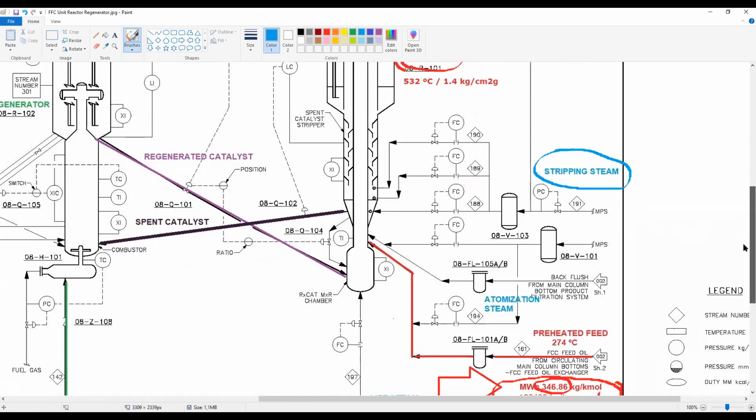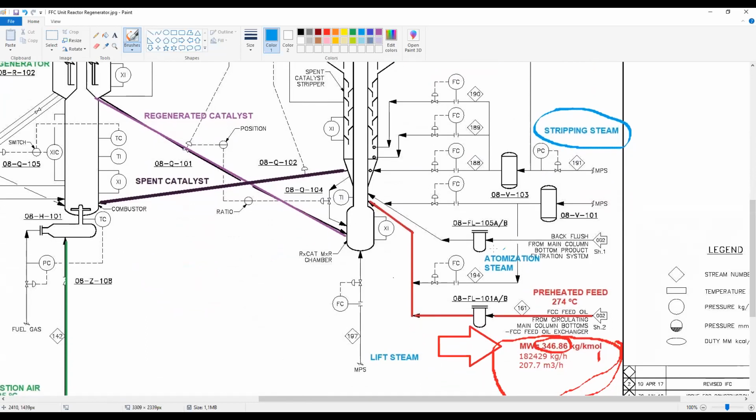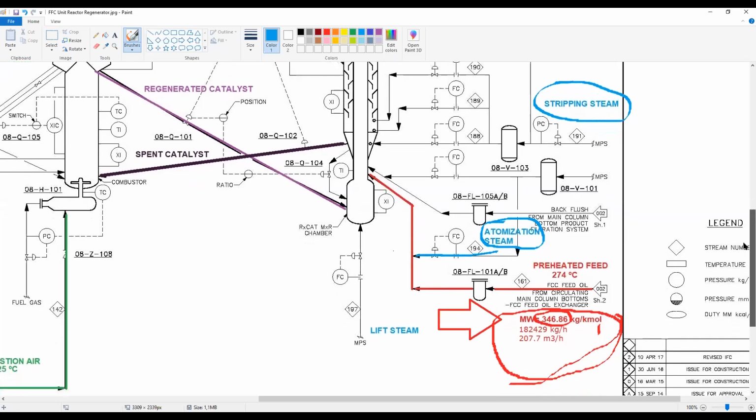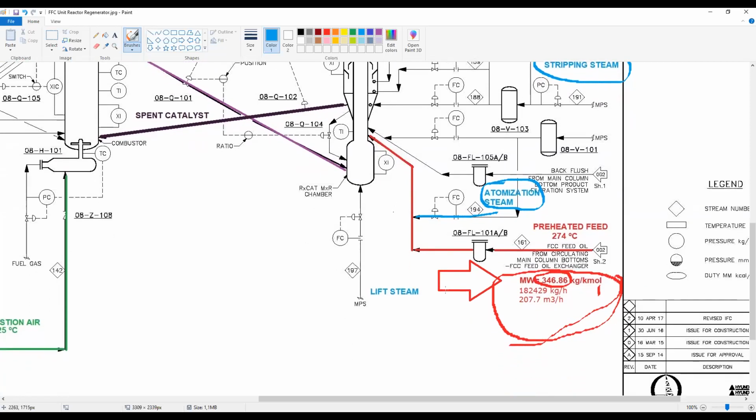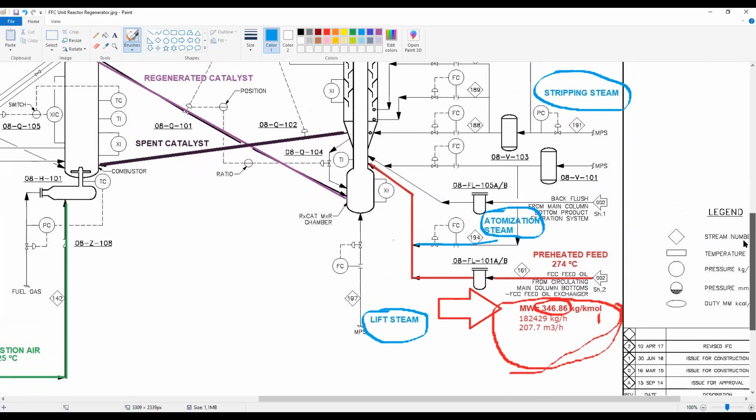We will have also the atomization steam that will enter with the feed in this pipe to the riser. And at the bottom of the riser, we have the lift steam, okay?